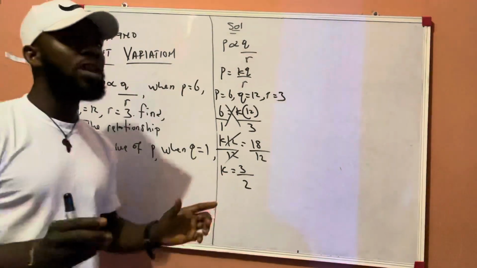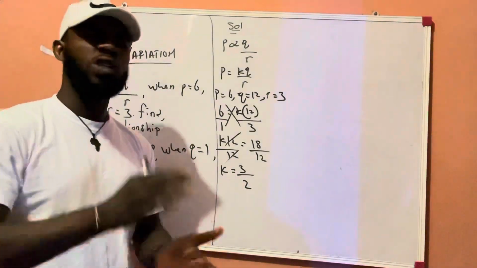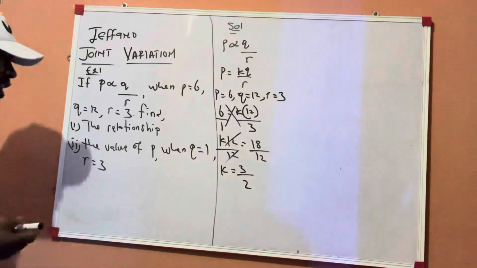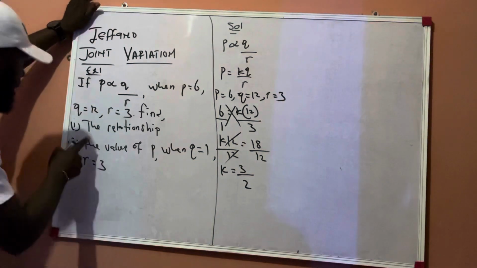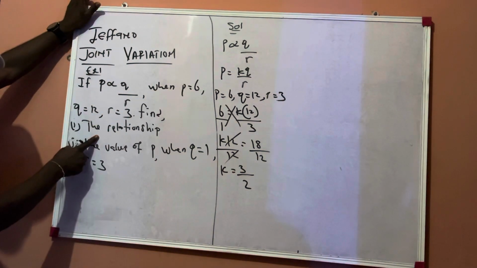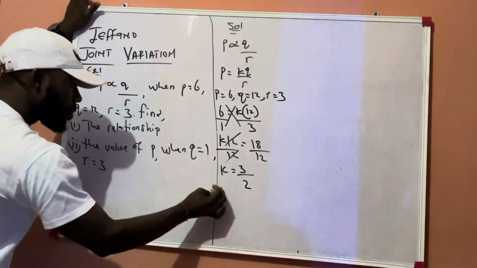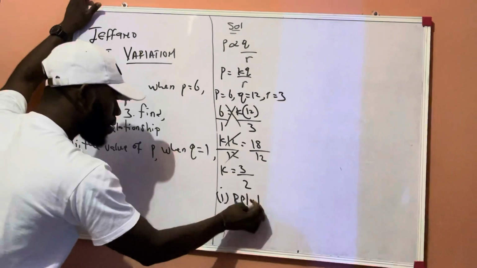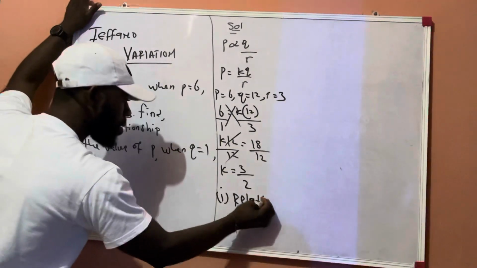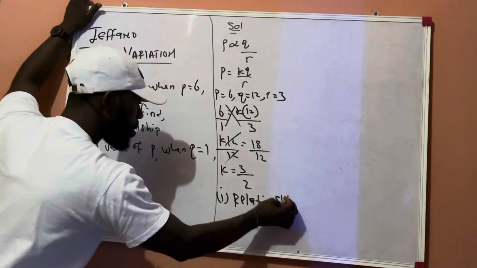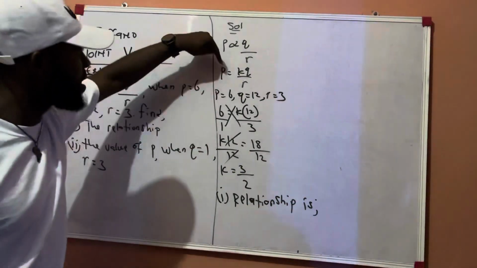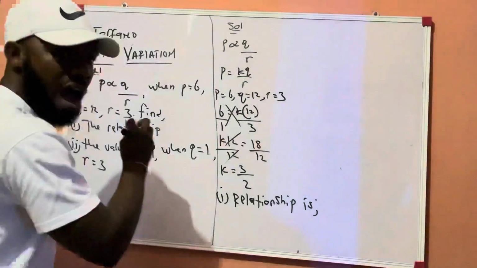Remember, we were not told to look for the value of our constant, but you must look for it. Now that we've gotten our constant to be 3 over 2, what are we looking for next? The relationship, which is Roman figure 1. The relationship connecting P, Q and R, how do you get it?